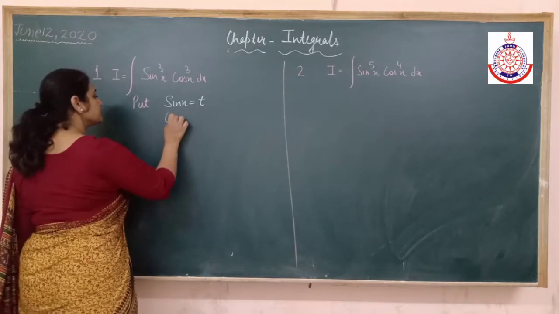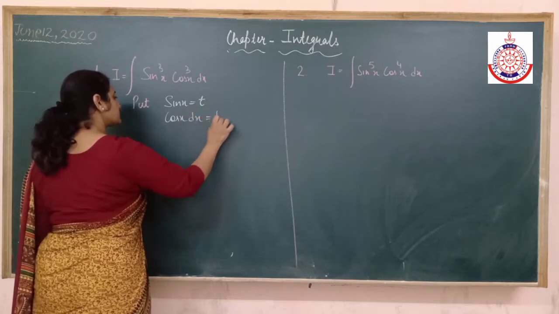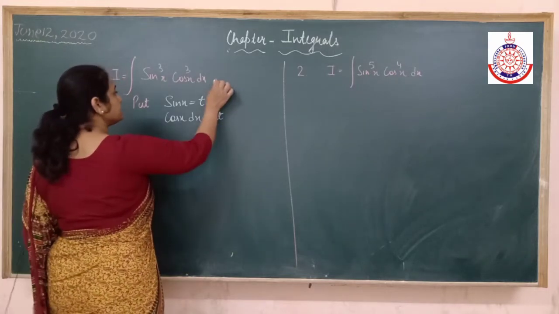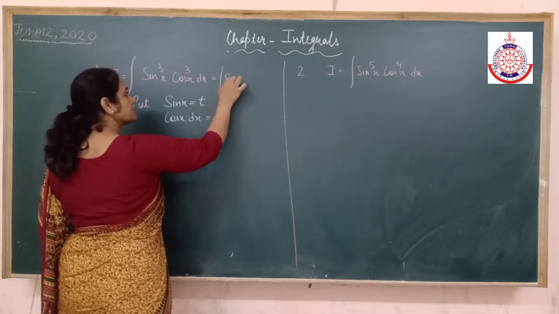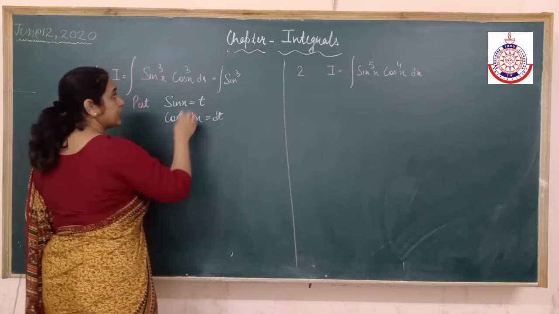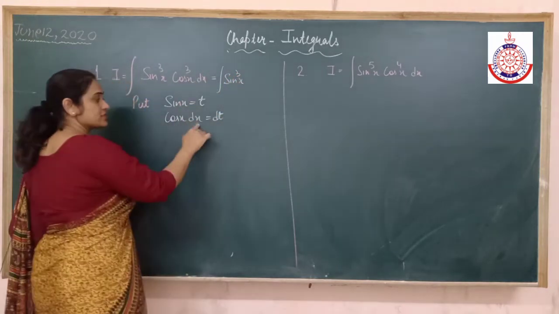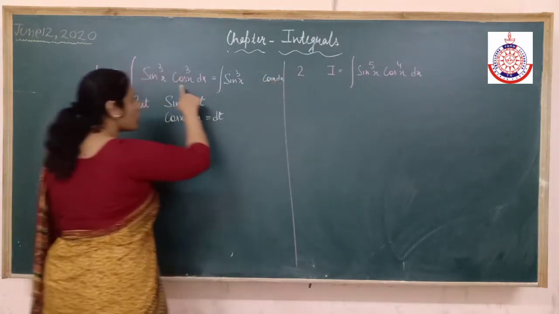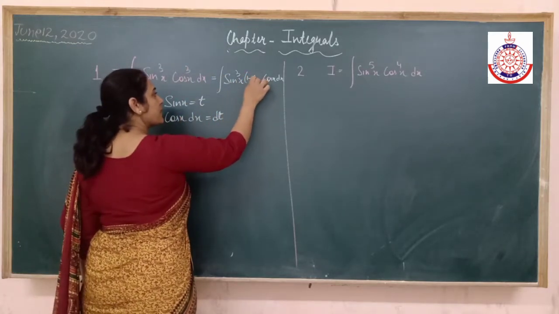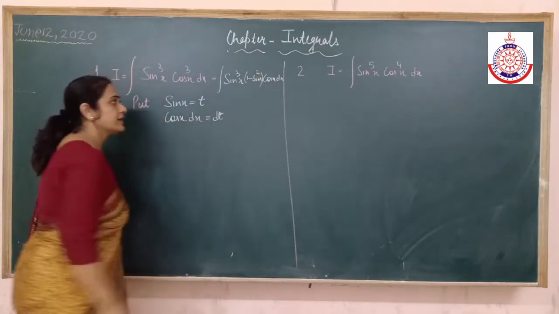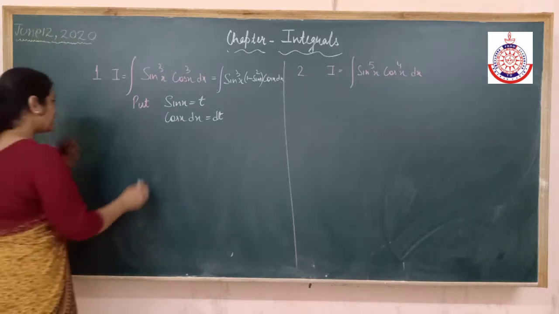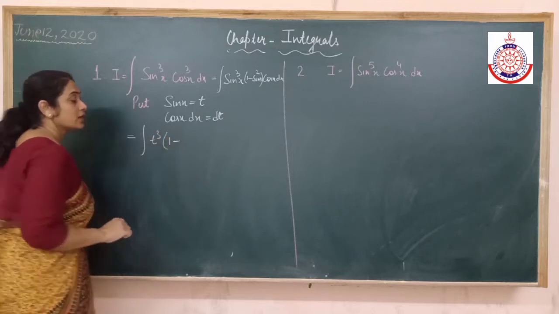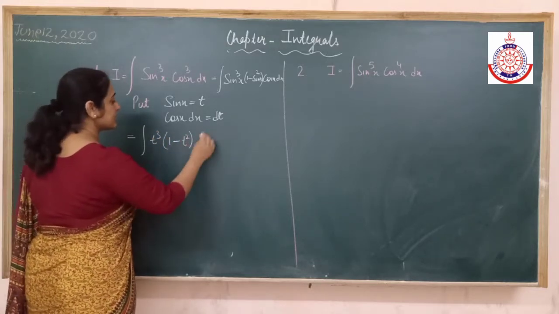So differentiate. Alright, but we have to break it up, if you remember. Sine this one, cos is going to be adjusted with dx, so I am writing that cos x dx, and the cos square which is left, I will write as 1 minus sine square x. Clear? 1 minus sine square x. Put the values. Sine cube sine square, that is t square, cos x dx is dt.